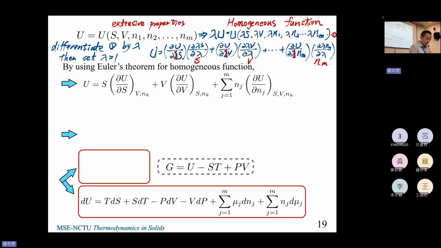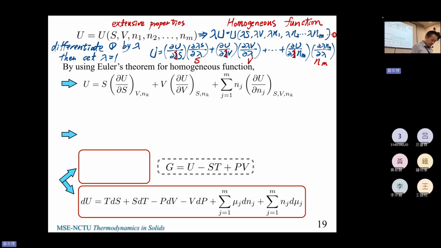So you see, U equals S times partial U over partial S plus V times partial U over partial V. Okay, and then the rest of it can be written as here. Very smart.